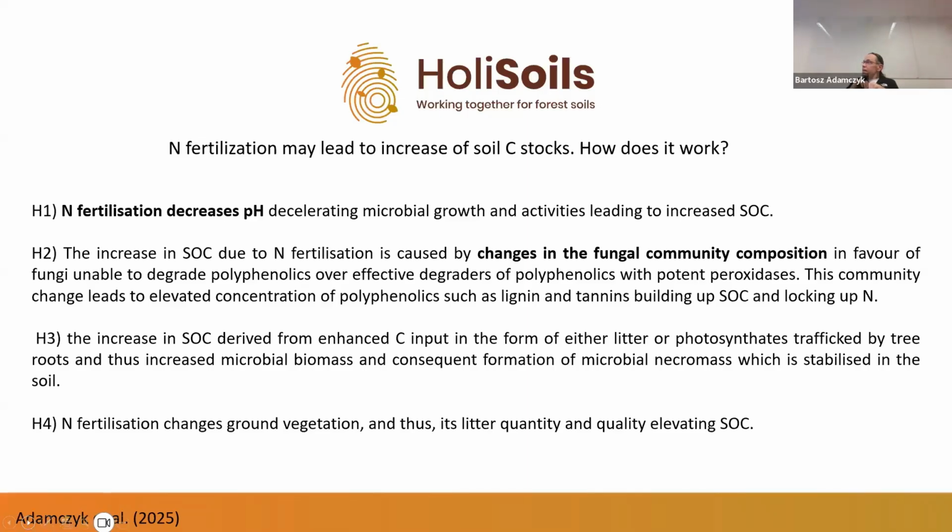The second hypothesis is that addition of nitrogen can switch the fungal community in favor of fungi unable to degrade polyphenolics. So we have more polyphenolics at some point, and maybe because of that we have more organic carbon, because these polyphenolics can nicely interact with organic matter.